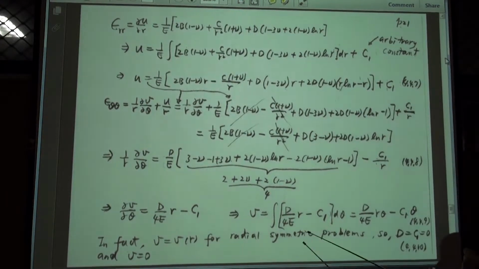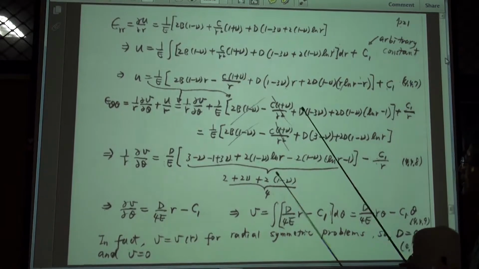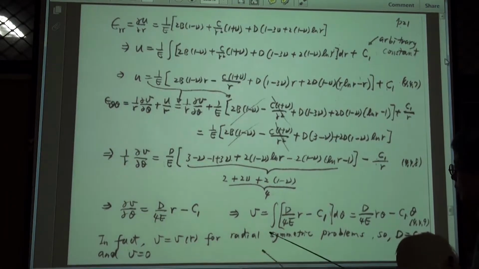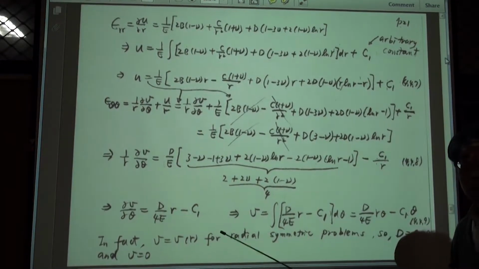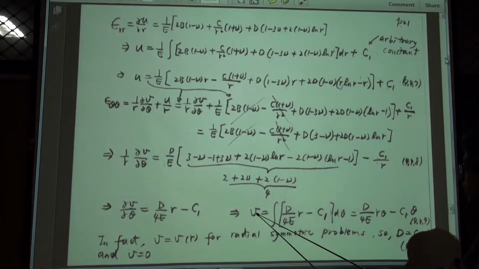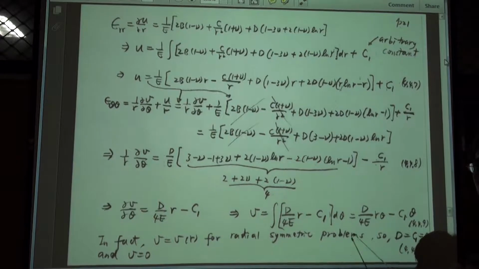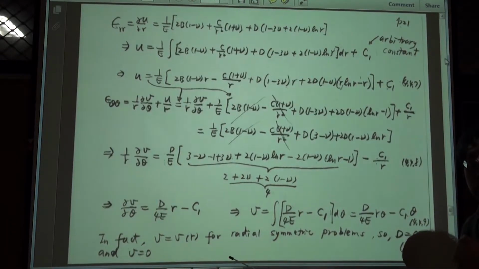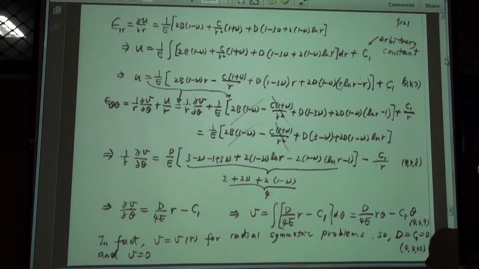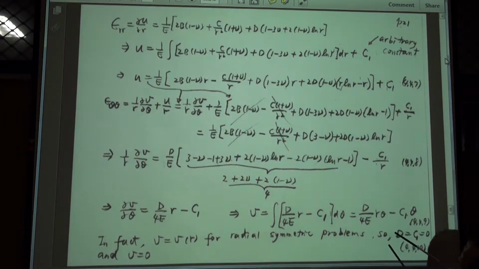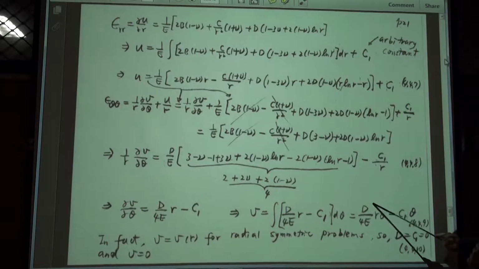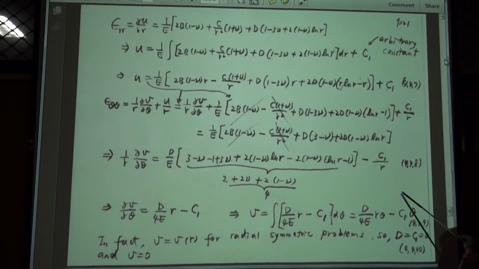So this direct calculation will lead us to this unreasonable result. It tells us that v depends on theta, so v is not axisymmetric anymore. So the only way we can resolve this difficulty is that we should let D equal 0 and C1 equal 0.